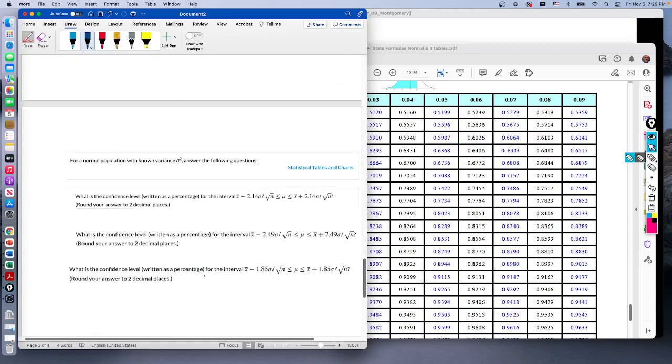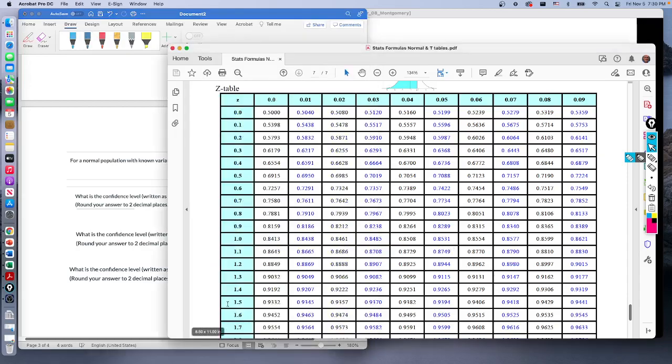And then for this one, what is the confidence interval? So this one looks like you got to do a lot of work, but it's actually not too much work. You just need to look this number up. This is your z, and remember this is showing you it's a two-sided. So we want to look up 2.14, or do we? It's a two-sided. Let me look it up, and then I'll decide what we're going to do. 2.14.